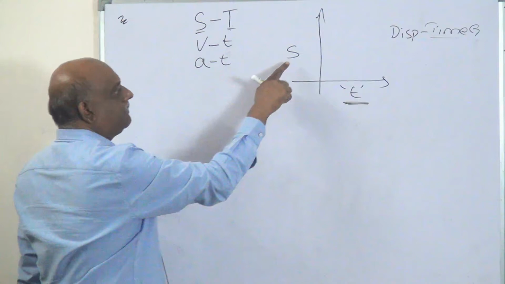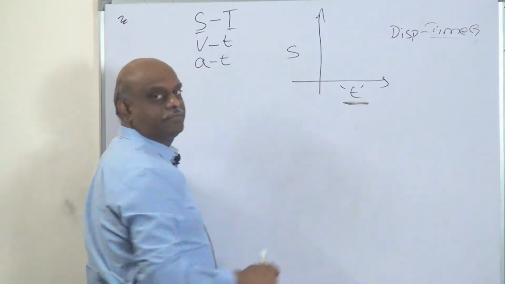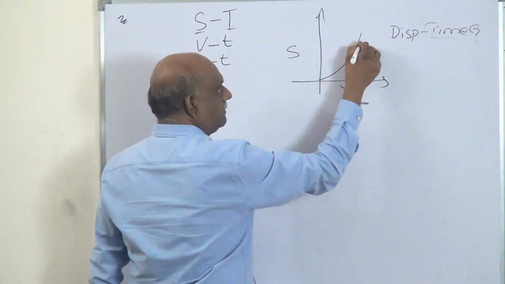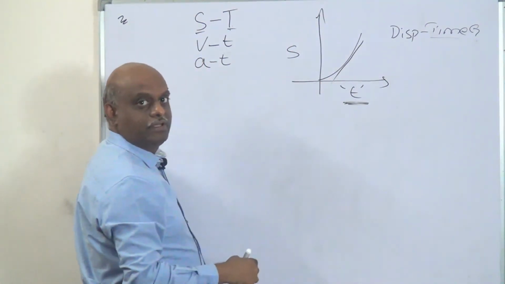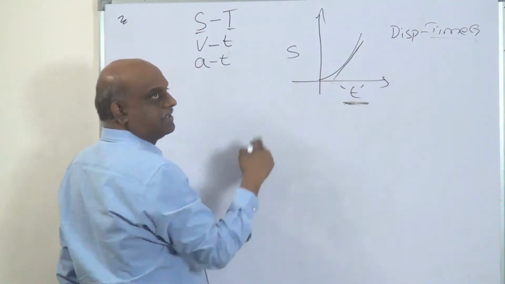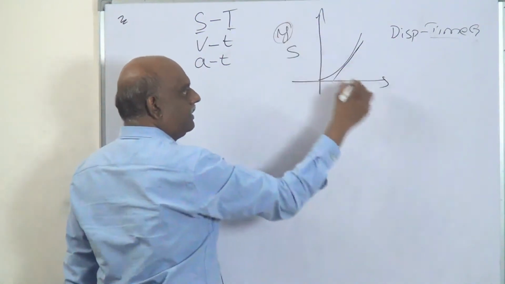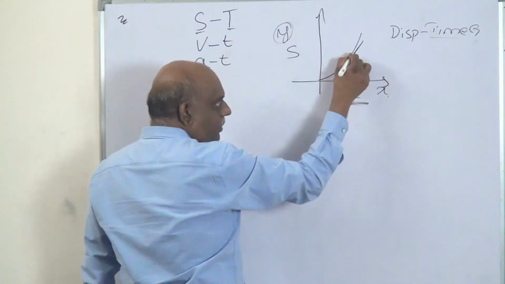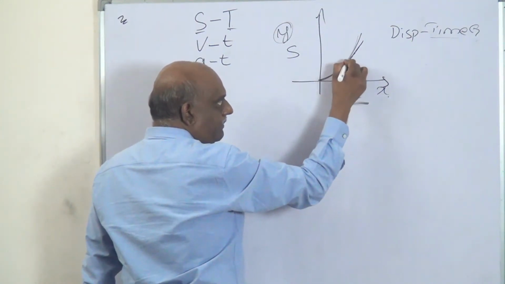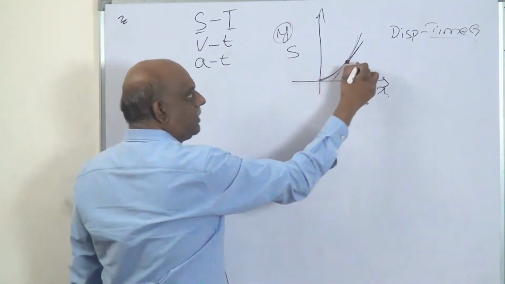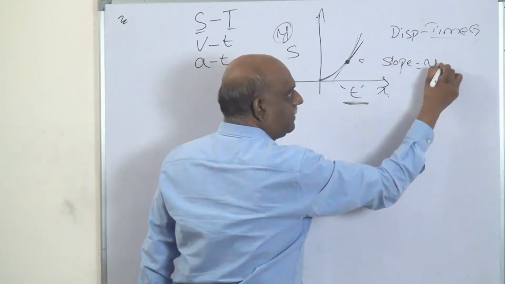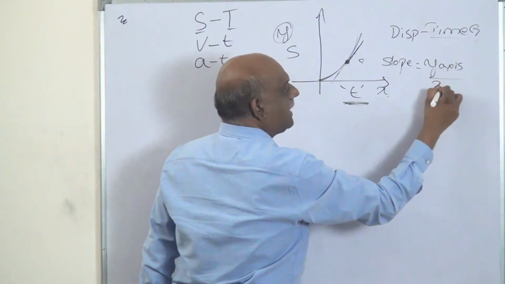What is the importance of distance time graph? Obviously, any graph you can take a slope. Obviously, slope is y-axis over x-axis. So, if you take slope of this graph at any point of time, what is the slope of it? Slope is y-axis over x-axis.